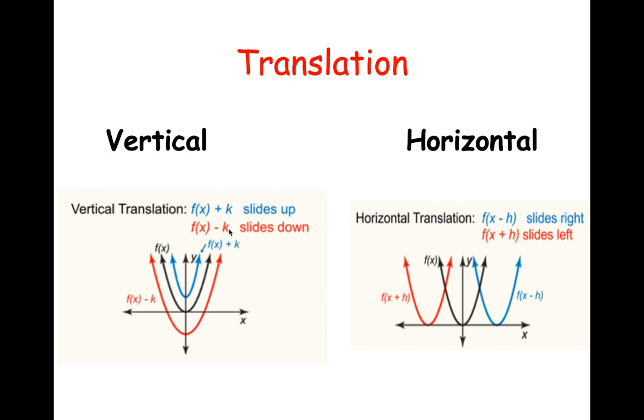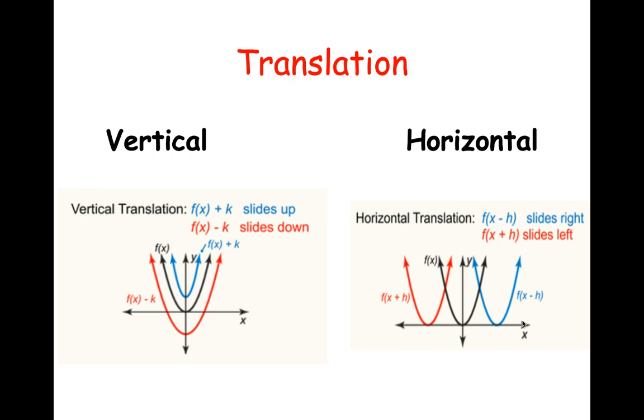If we subtract a value, and we call that our k, it's going to slide the graph down and cause it to be below the x-axis, like the red graph. The other direction is horizontal, again adding and subtracting, but notice this time the adding and subtracting is happening inside of the parentheses, which means that we are changing our x value.